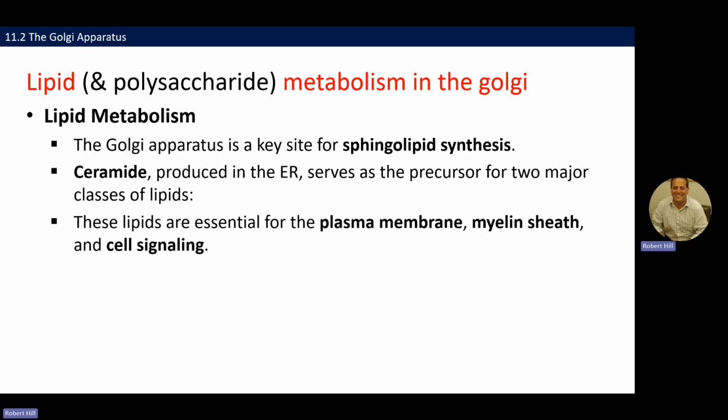And there is an important lipid precursor called ceramide that's produced in the endoplasmic reticulum. And this precursor is essential for these sphingolipids that are important in the aggregation of lipid rafts, also the production of myelin, the myelin sheath, whatnot, and cell signaling.